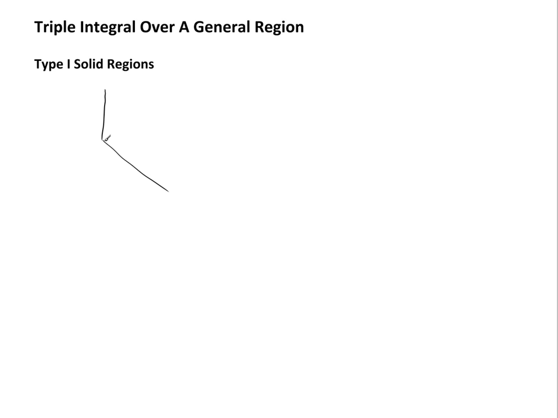See if I can draw something that's reasonable here. So I have some region in 3 space. Maybe something looks something like that. Of course, it comes down, and down here I need the other side of it.